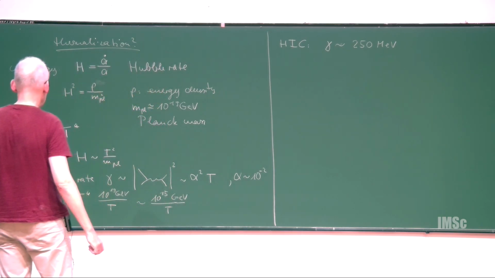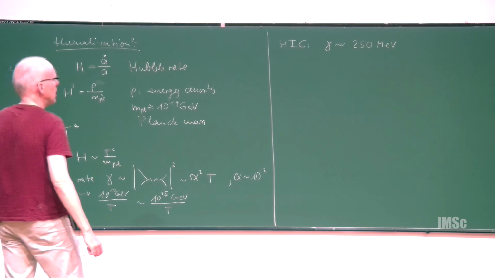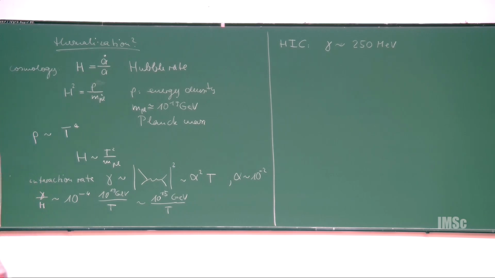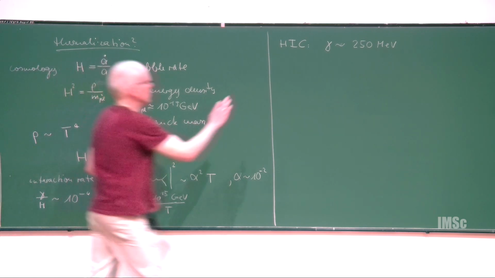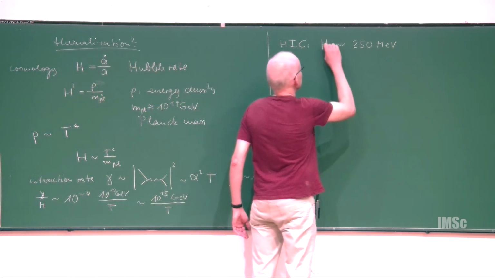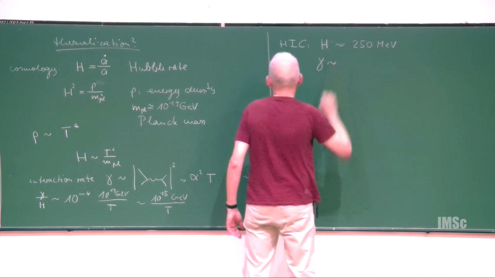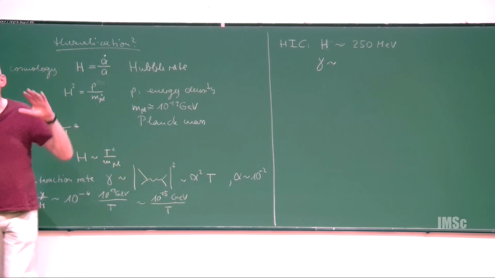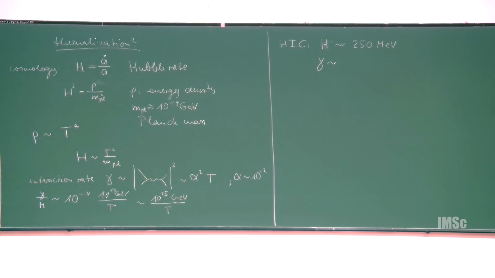The interaction rate should be something like, well, related to the temperature. No, sorry, this is the expansion rate. I'm sorry, this is the expansion rate. And the interaction rate, well, here we had alpha, the coupling, squared times the temperature, but if we are at a few hundred MeV, then the strong coupling is really strong.